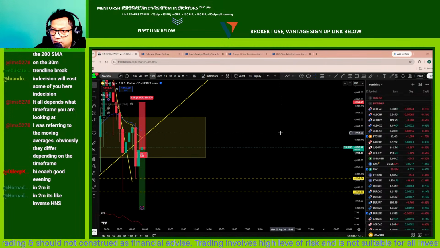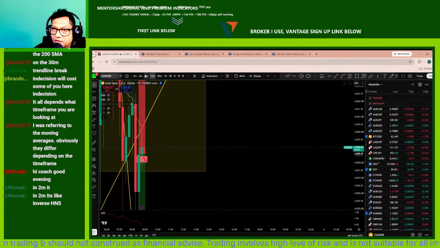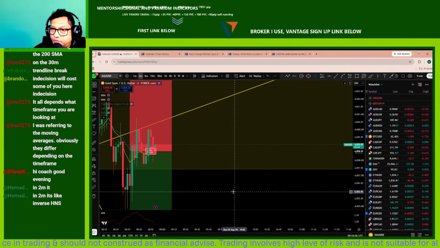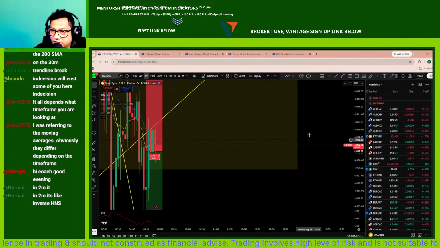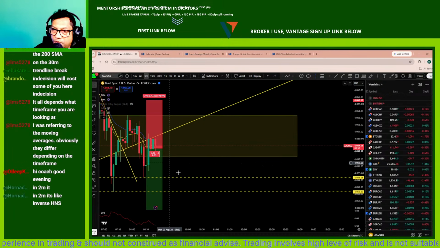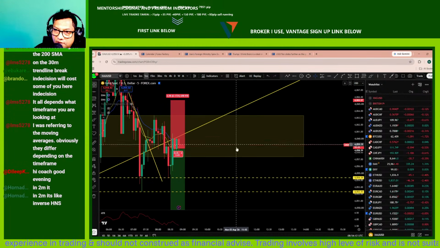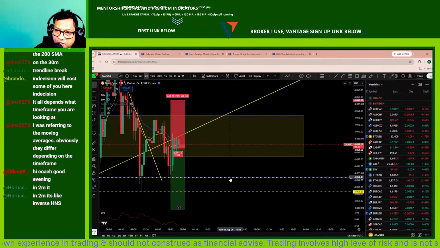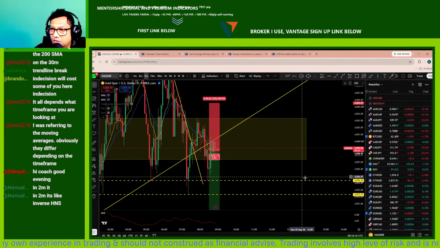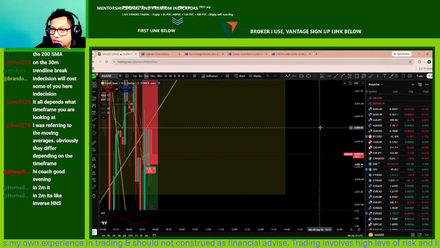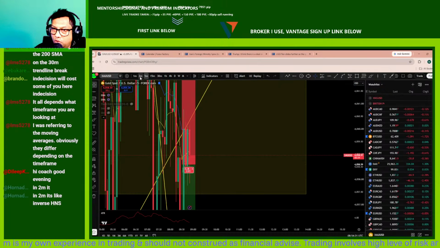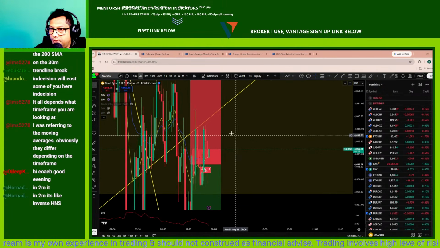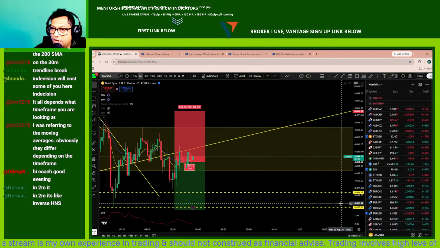You can see here the market structure shows that new lower low with multiple rejections below. Okay, we are looking to show that price action.